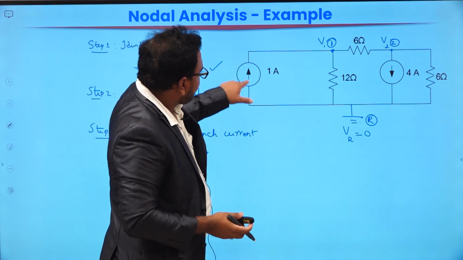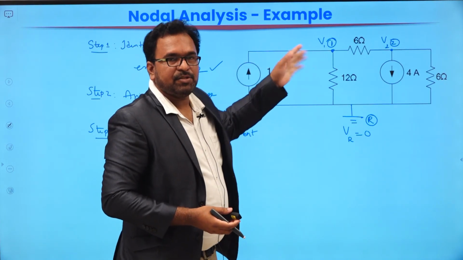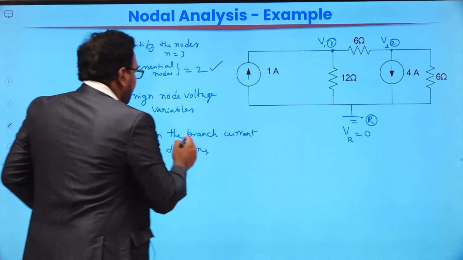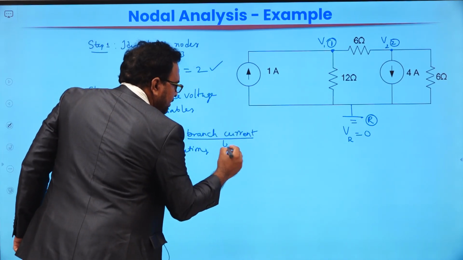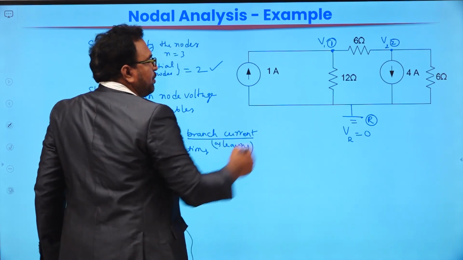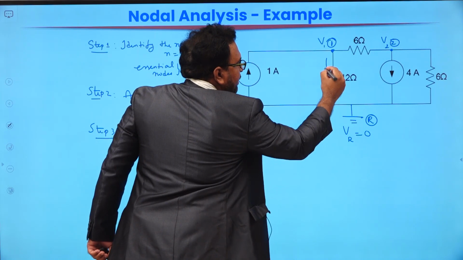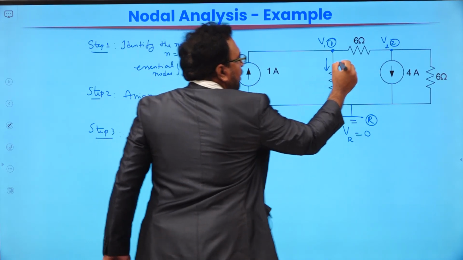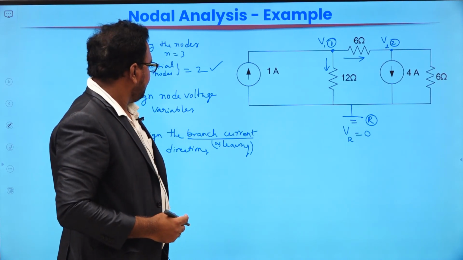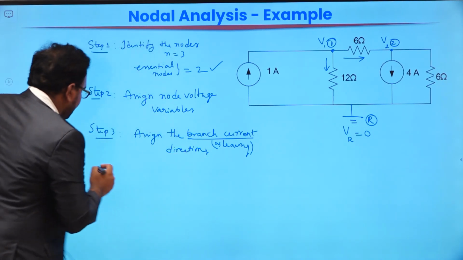Since it is a 1 ampere source and the direction is already given, there is no need to assign direction. What about 12 ohms and 6 ohms? We have to assign the branch currents always as leaving. Since there is no current source here, you assign the current as leaving here, and here the current is leaving from the 6 ohms. Okay. Now what is step 4?